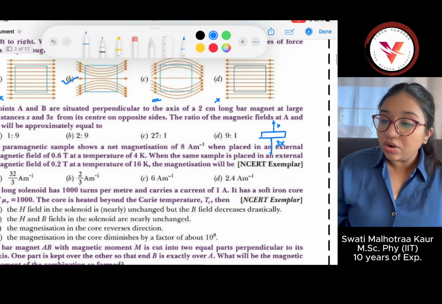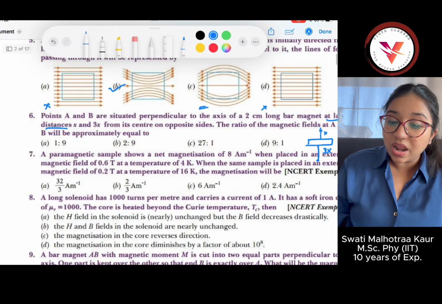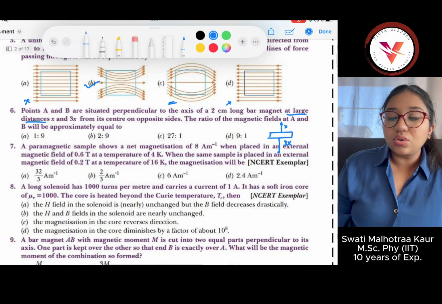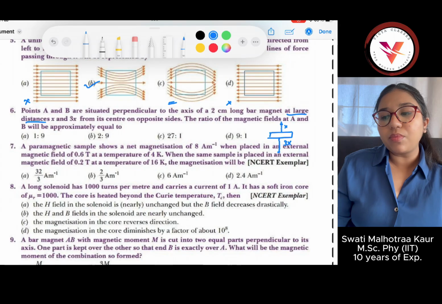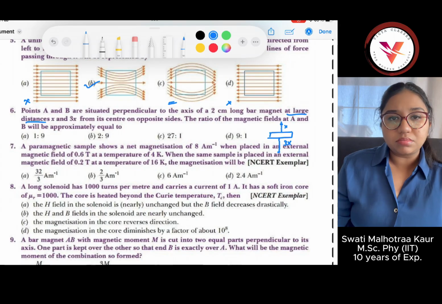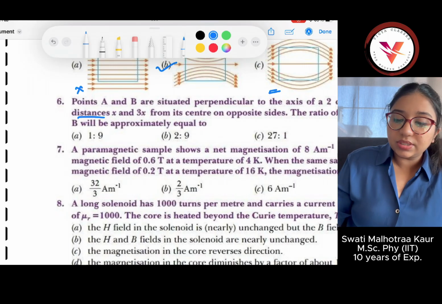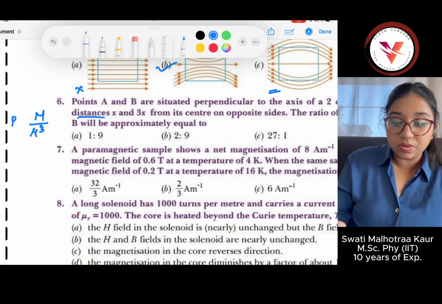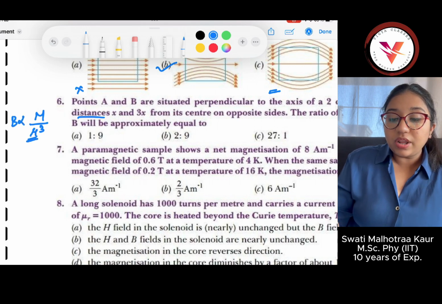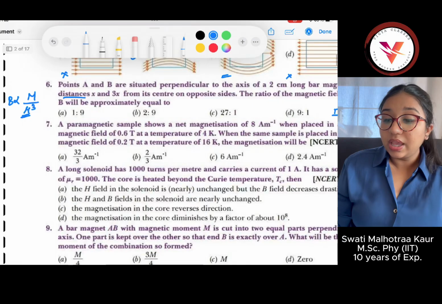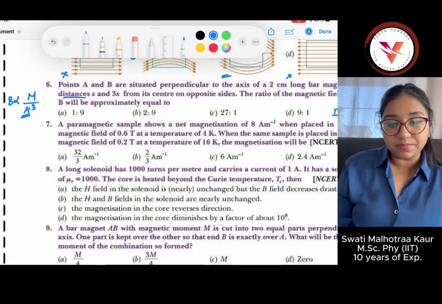They are at large distances, so the magnetic field on the equatorial axis is some constant times the magnetic moment upon distance cube.